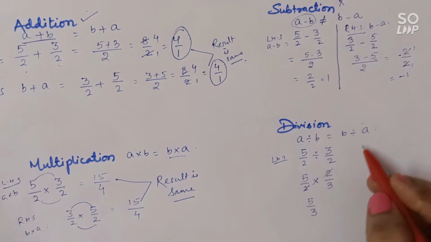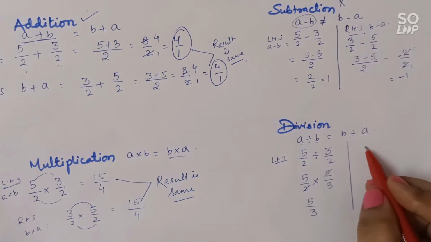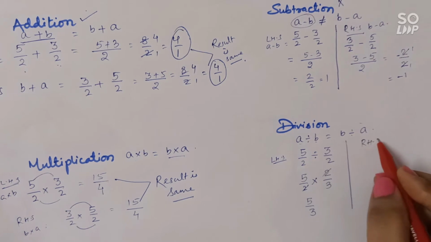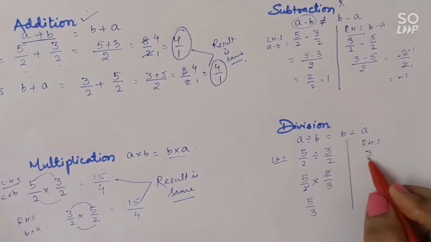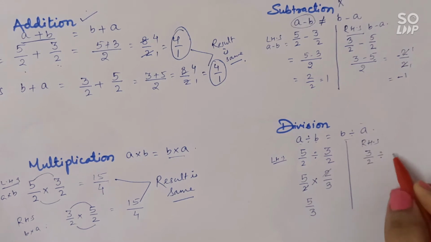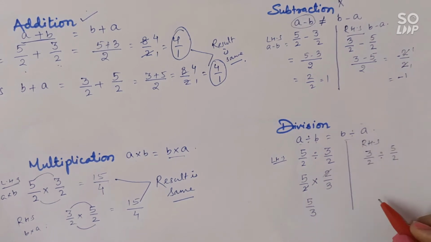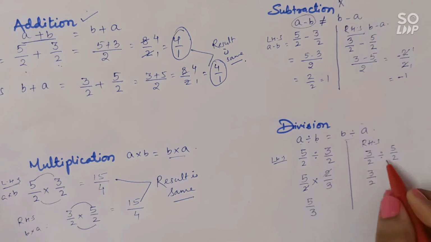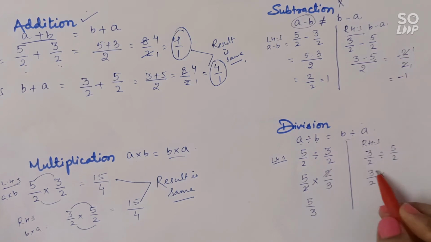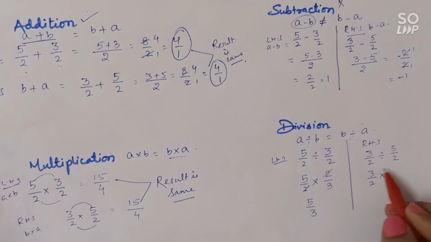Let's check it out for the same in RHS side. RHS we have what? We have B divided by A. What is B over here? It is 3 by 2 divided by 5 by 2. So 3 by 2. Division will change into multiplication. Those who are having doubts with the calculation of this or the operations, how we have to do it, they can see the previous video.